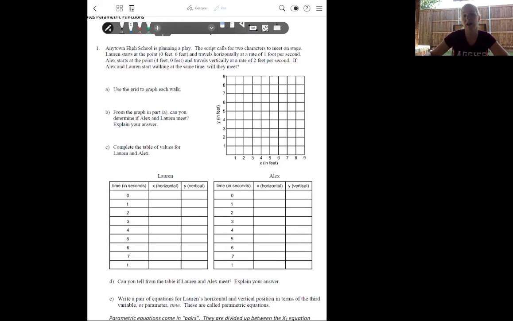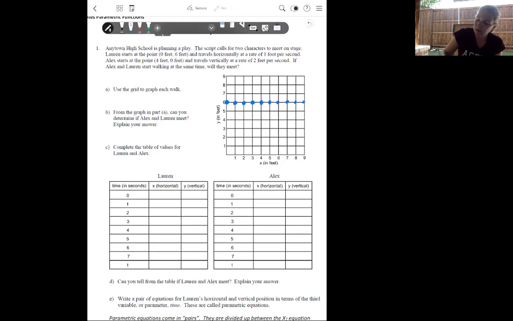All right, so on part A, we're going to use the grid that's here to graph the walk. So first, Lauren. Lauren starts at 0, 6 feet. All right, so that's right up here. And she travels horizontally at a rate of 1 foot per second. So after 1 foot or 1 second, she's gone 1 foot. Another second, she's gone another foot, and so on.